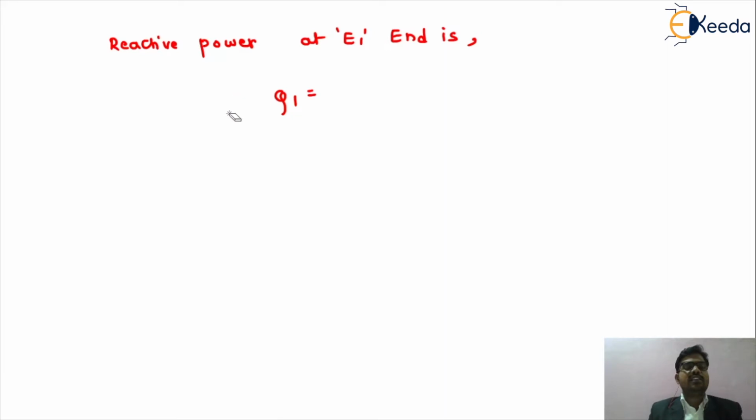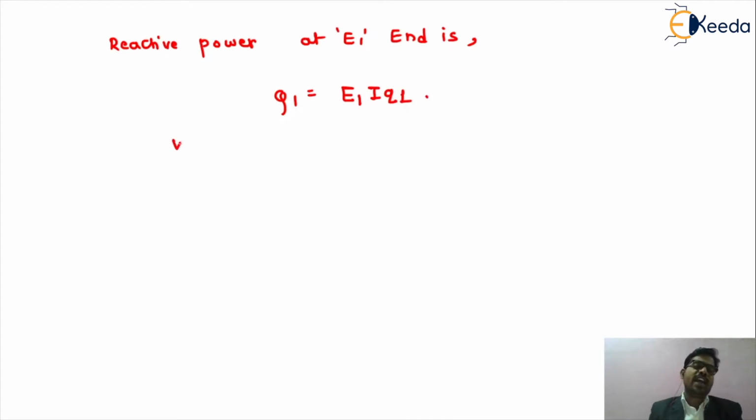It will suggest the value of your power. So what should be the value of your power? That is reactive power at the V1 end. Again it will be simple, that is E1 into IQ1.